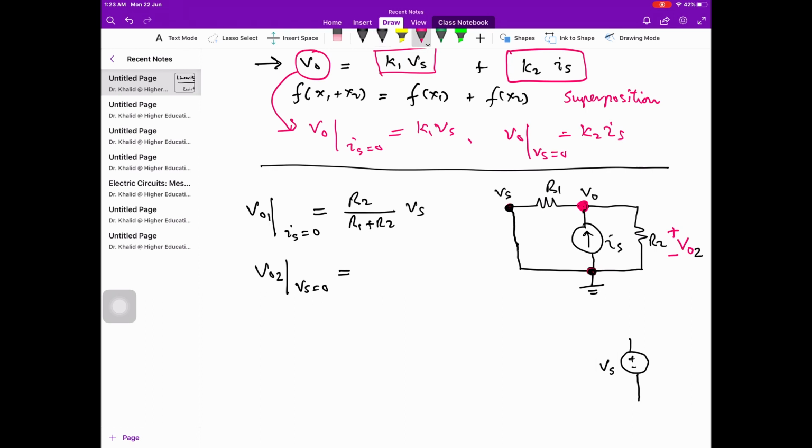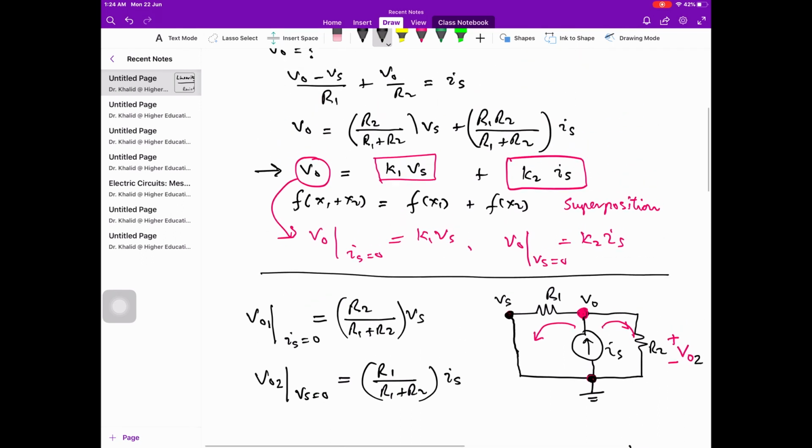Now we see that current over here is flowing in this direction and in this direction. Due to the current division rule, which I have already discussed in chapter 2, the voltage is equal to R1 divided by R1 plus R2 multiplied by, I will use the same thing over here, Is.